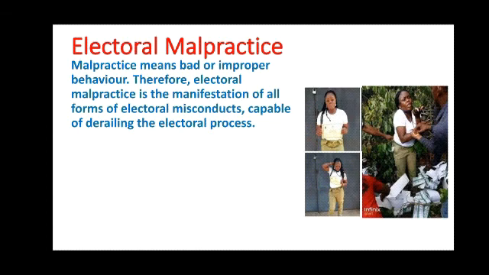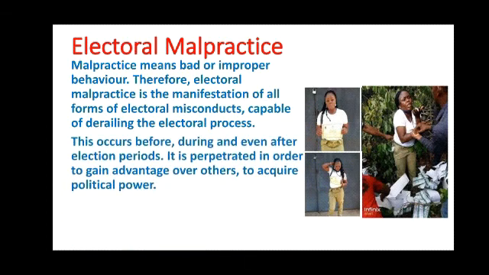It means when elections are wrongly conducted or some persons cheat in the process of election, just the way we have examination malpractice when students cheat. So also when candidates cheat during elections, that is electoral malpractice.